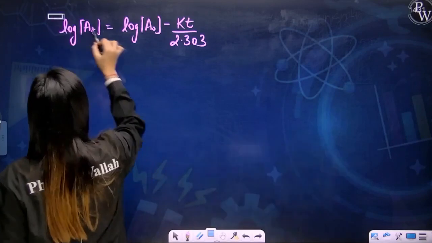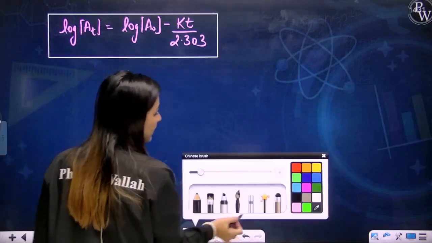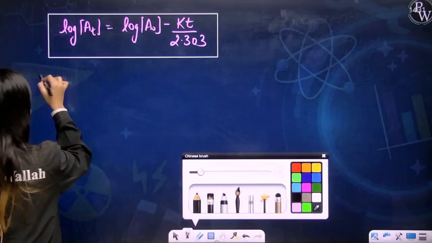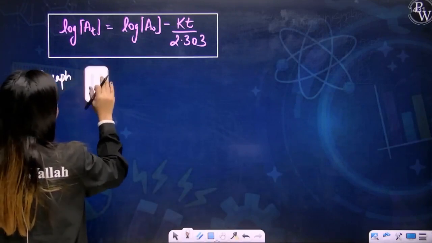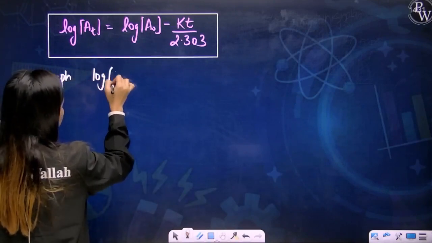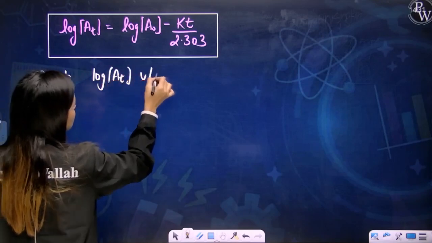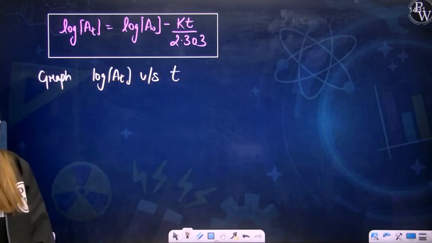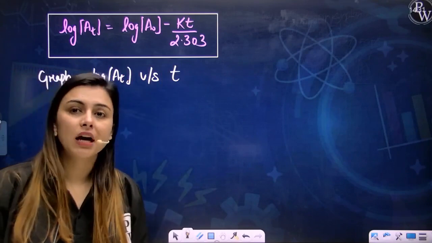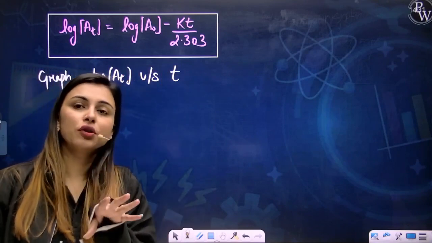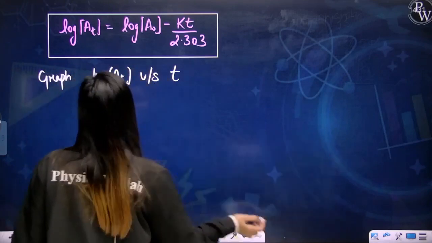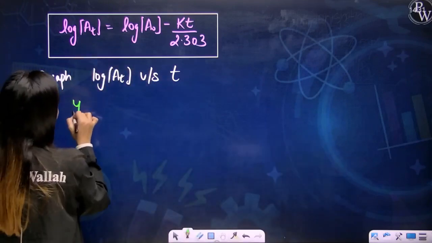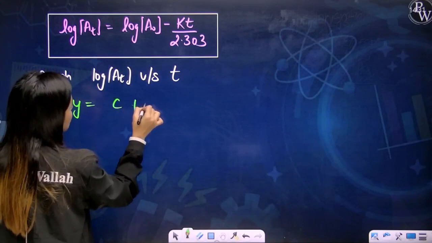Where are we going to use it? I'll just make you understand. You are generally asked to plot a graph between log of AT versus T. If you are ever asked to plot a graph between the concentration of your reactant and time, the plot will always be, my dear students, just compare it with y is equal to C plus mx.